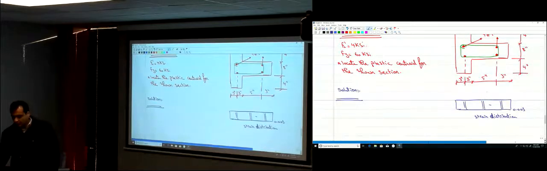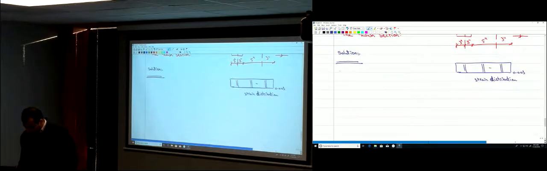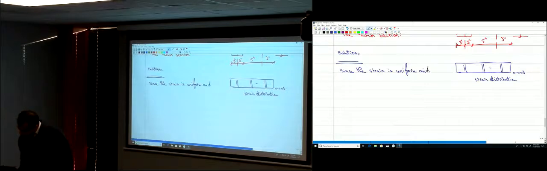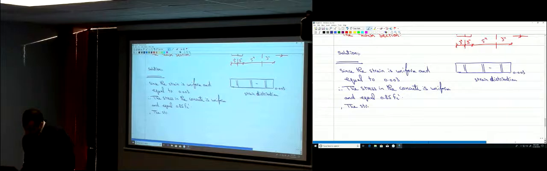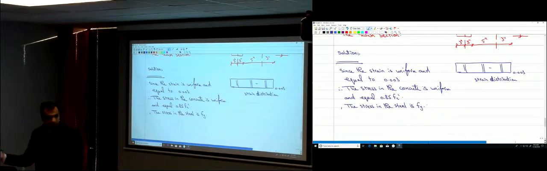So you know that since the strain is uniform and equal to 0.003, therefore the stress in the concrete is uniform as well and equal to 0.85 f'c, and the stress in the steel is fy.